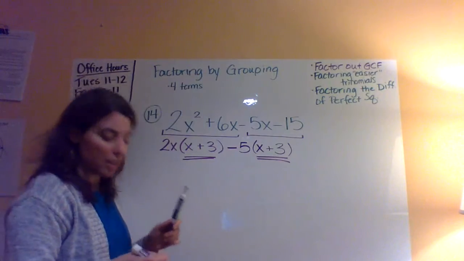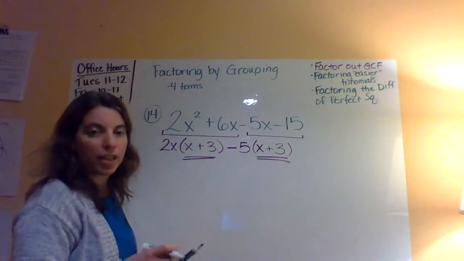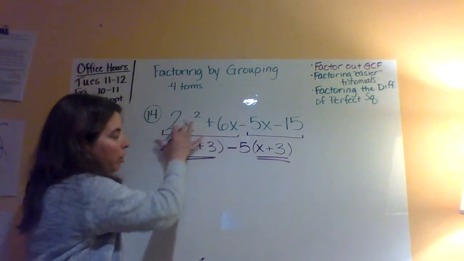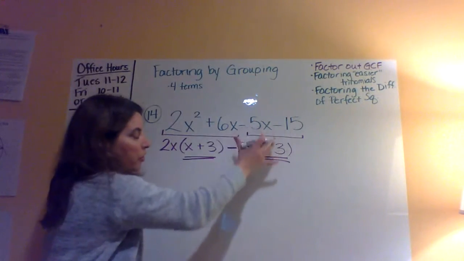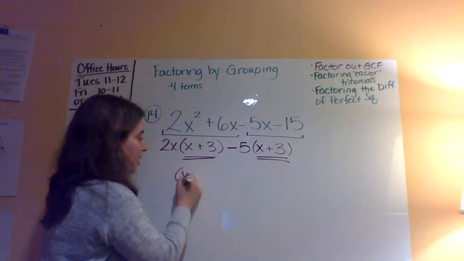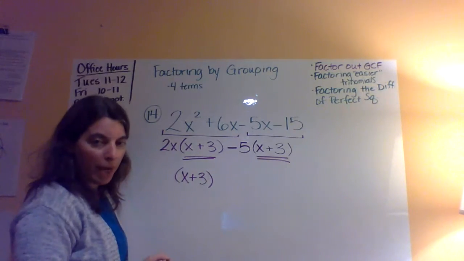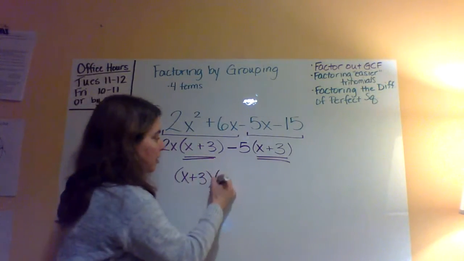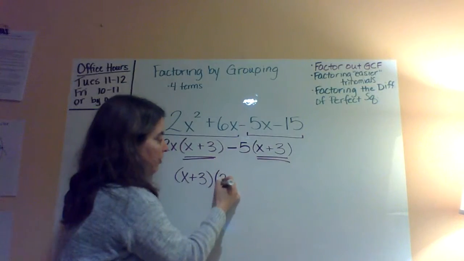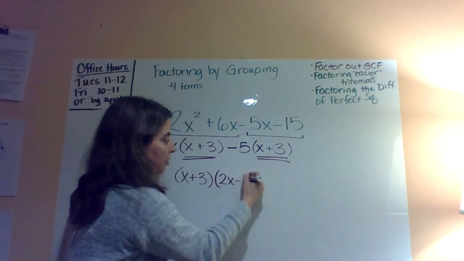So that effectively now is my greatest common factor. If I think about what this term has in common with this term, what they have in common is x plus 3. And then what I have left after that is 2x minus 5.